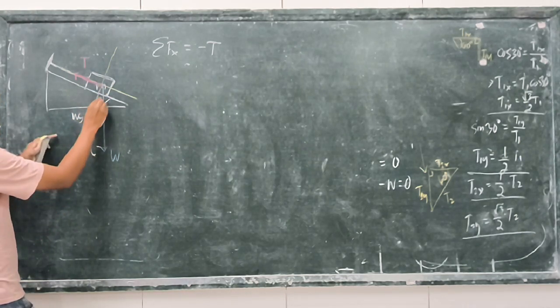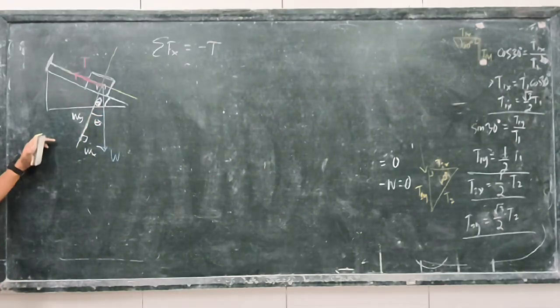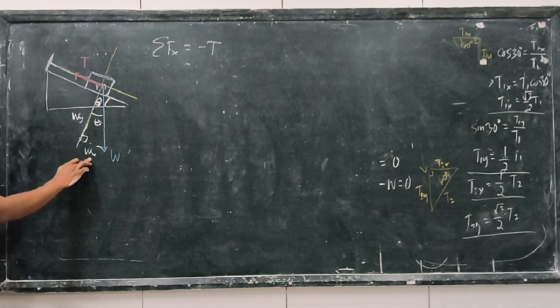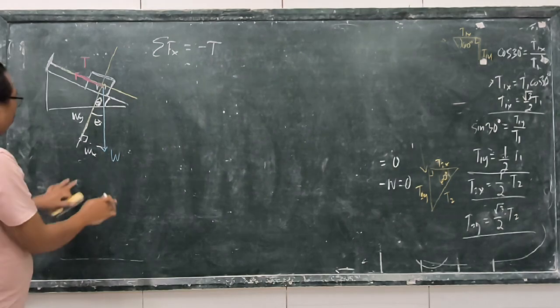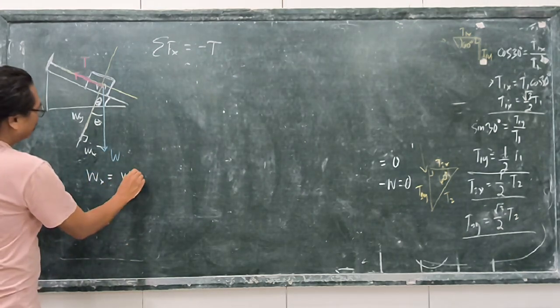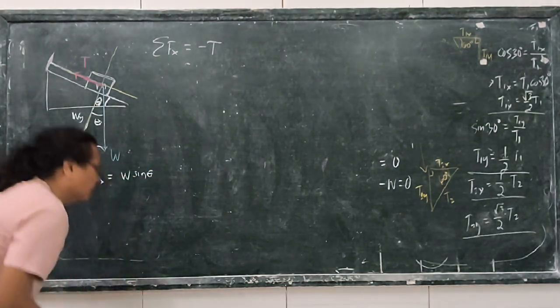And we know for a fact that if this is theta here, then this is also theta. We already derived that last meeting. So in this case, weight x is opposite, right? So it is sine. So weight x is just equal to weight times sine of theta. Okay.